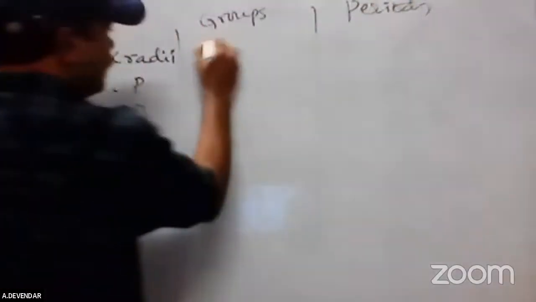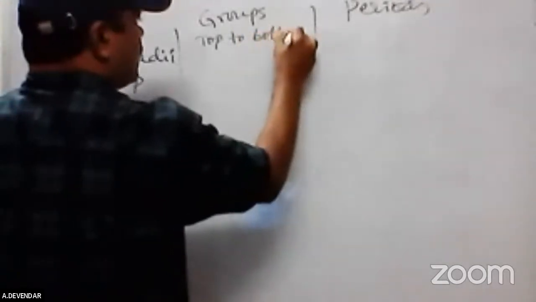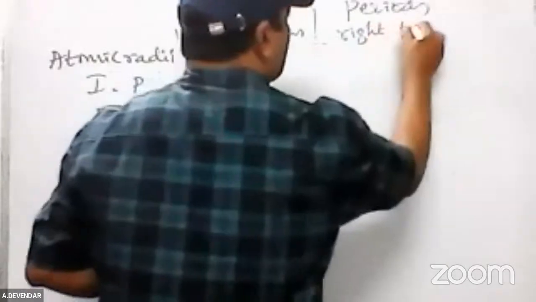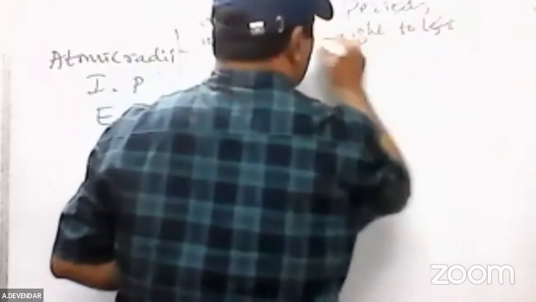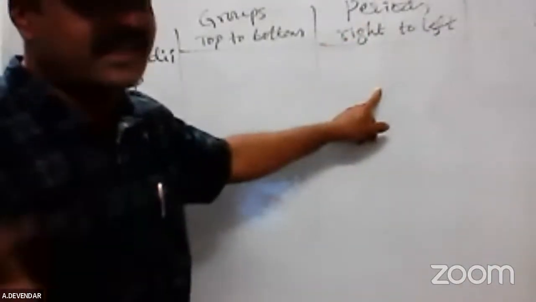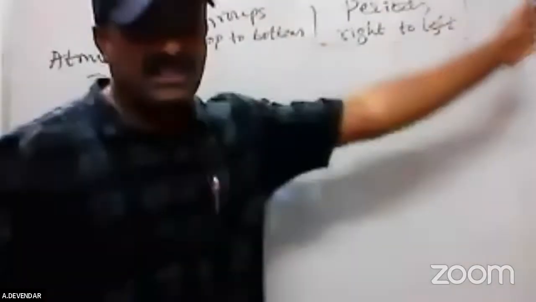In the groups, I write top to bottom. Why am I insisting? Because many students write top to bottom for the periods. Top to bottom is not there in the periods, and right to left is not there in the groups. The group is a vertical column, and the period is a horizontal row.